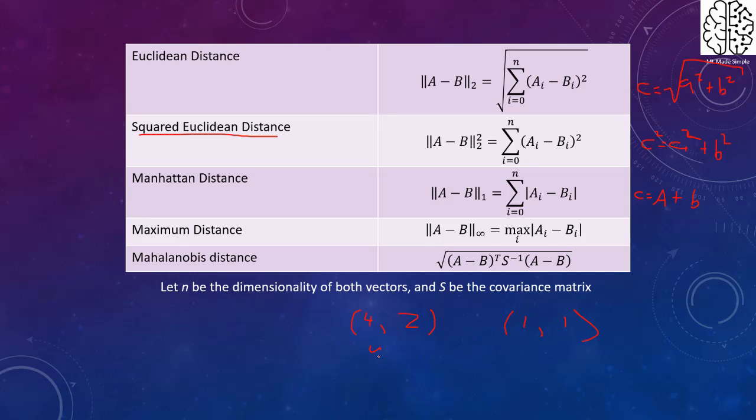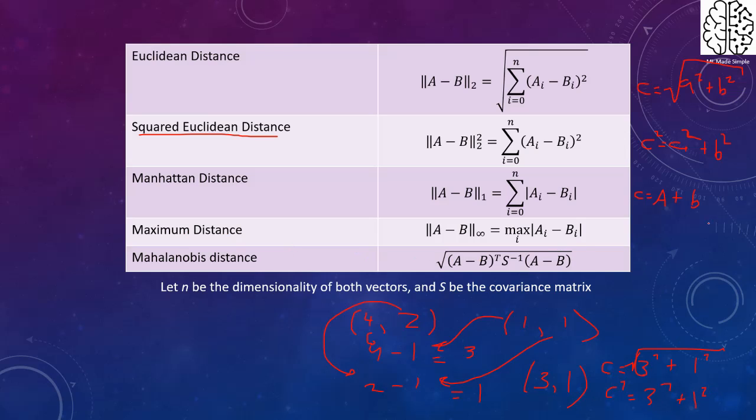It's just saying 4 minus 1 and 2 minus 1, which gives us 3, 1. If we were to use Euclidean distance on this, c would be the square root of 3 squared plus 1 squared. And Euclidean squared would be c squared equals 3 squared plus 1 squared.